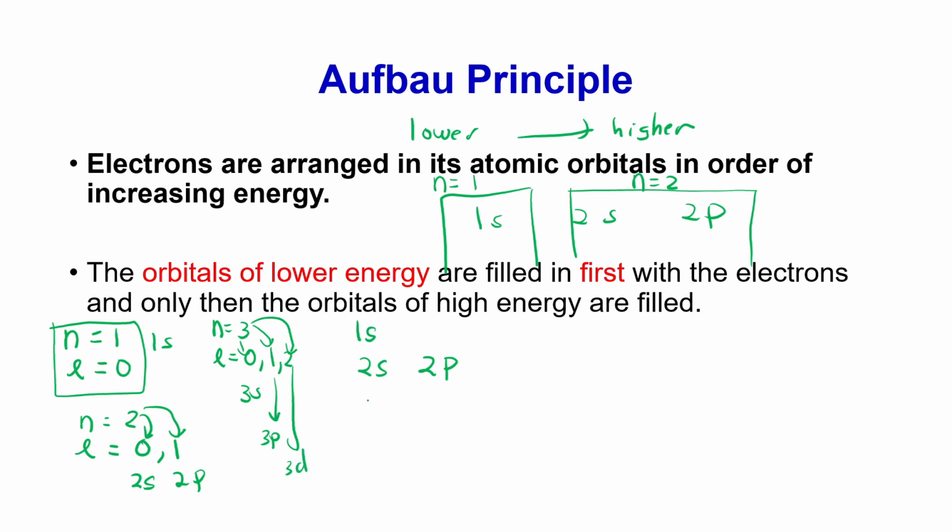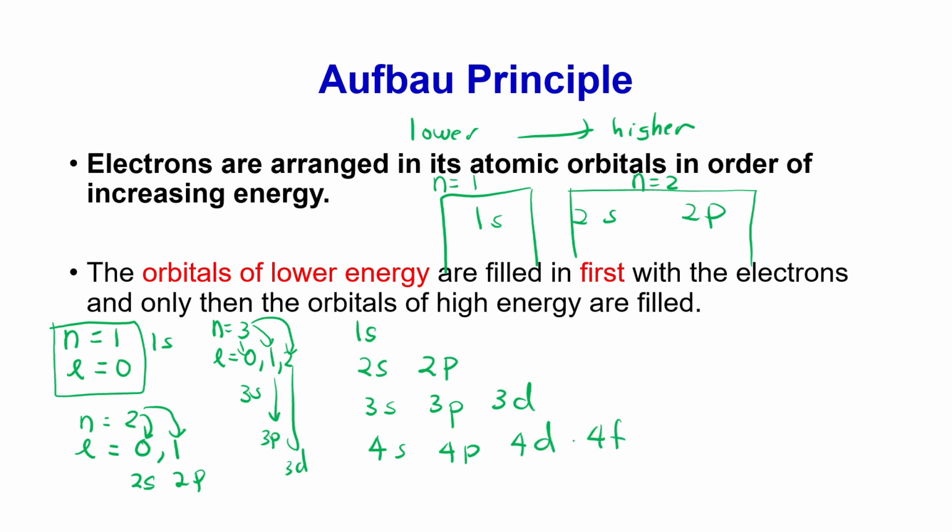So we have 3s, 3p, 3d. If we look at the trend here, each energy level has one extra compared to the previous one. So for 4, we have 4s, 4p, 4d and 4f.